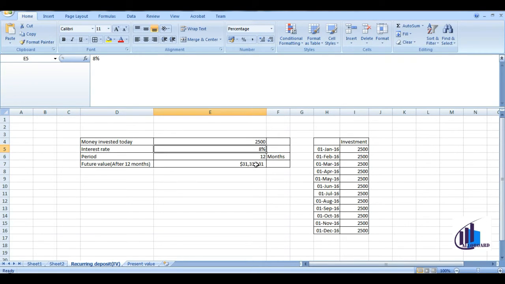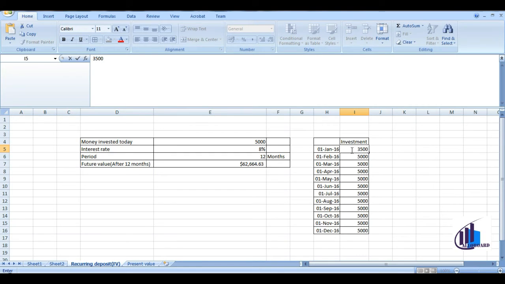So what we are interested in here is this future value which the customer will get. As you can see, the future value will change based on the investment he makes. Let's say he invests 5,000 each month. See how his future value has changed. He'll be getting $62,664 after the year. Let's say he invests 3,500 each month.